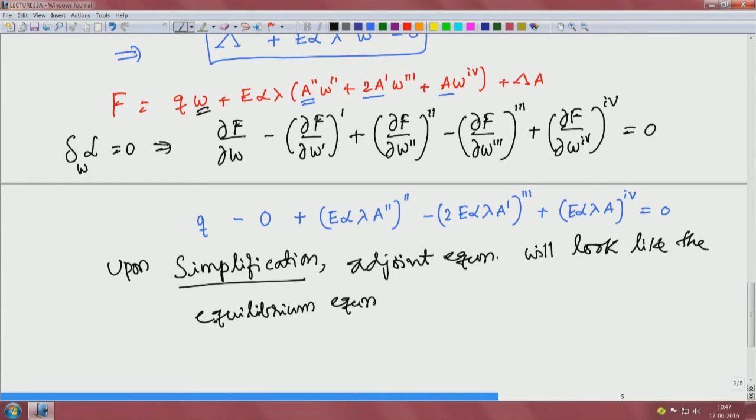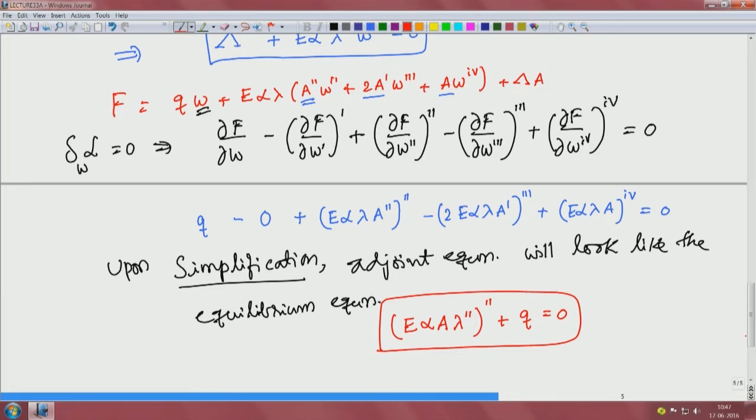This is a lengthy simplification, you can do it in a few minutes. If you do that, it is going to look like E alpha A into lambda double prime plus Q equal to 0.